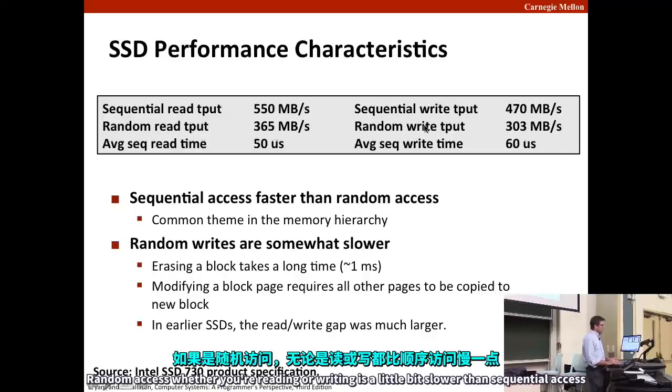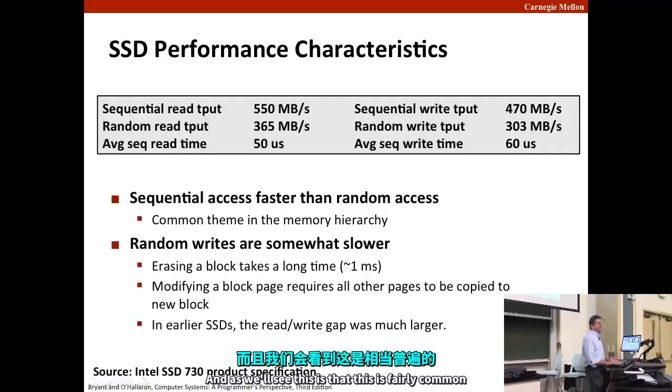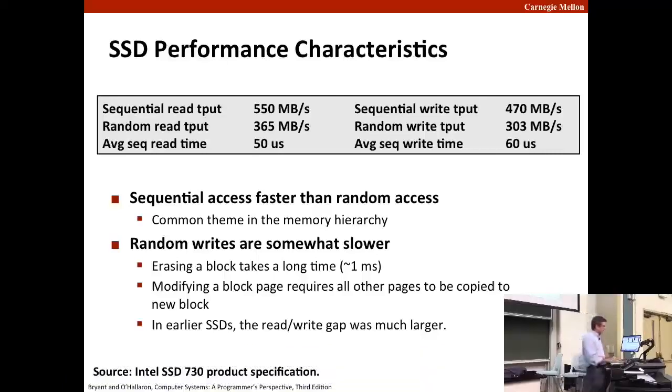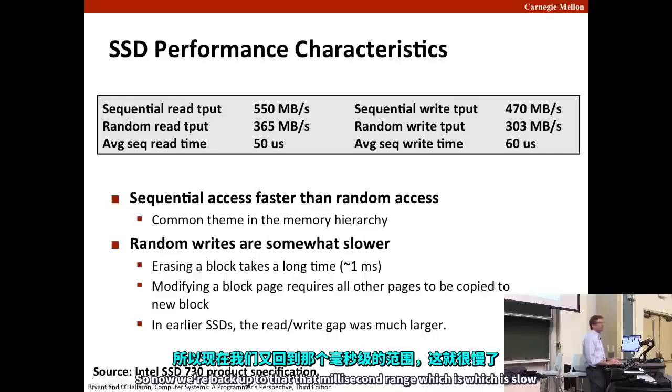Random access, whether you're reading or writing, is a little bit slower than sequential access. And as we'll see, this is fairly common. In memory systems, it's almost always better to do things sequentially than to jump around. And random writes are slower because erasing takes about a millisecond, right? So now we're back up to that millisecond range, which is slow.